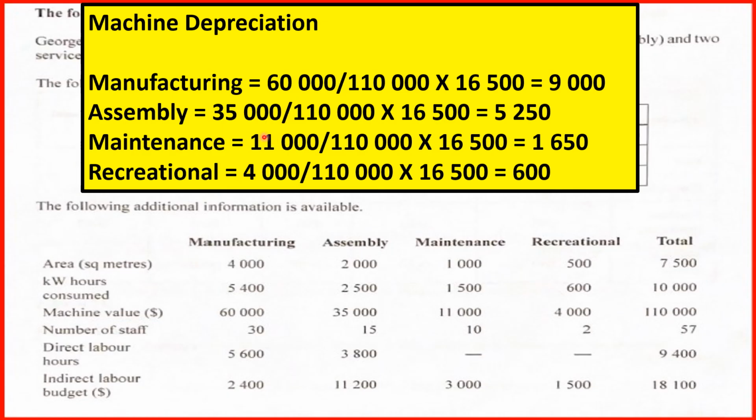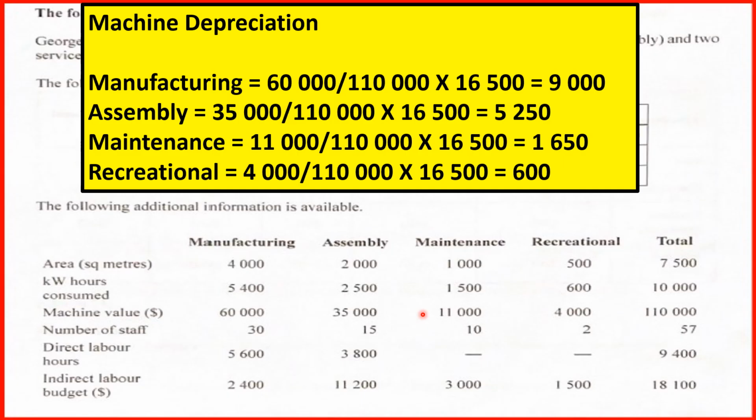So we put each one of these over 110,000 and multiply it by 16,500, and we get the proportion that goes into that department. Then we take these figures and we put them into the table that we had prepared.